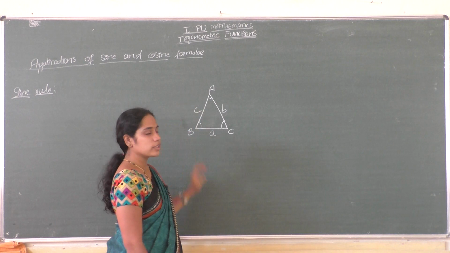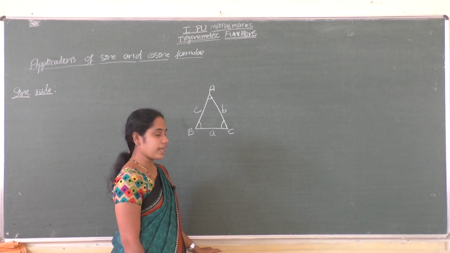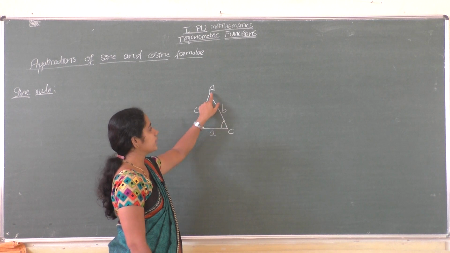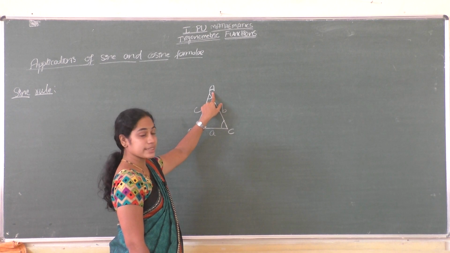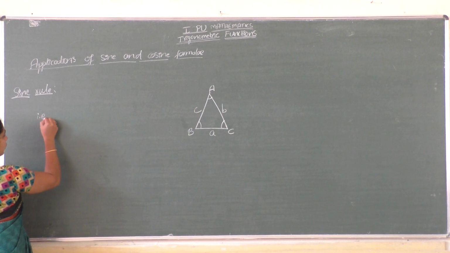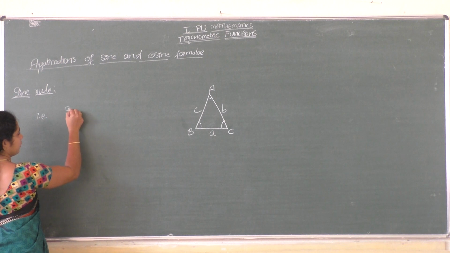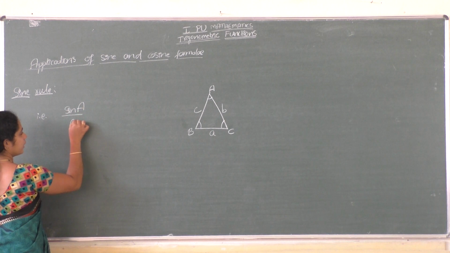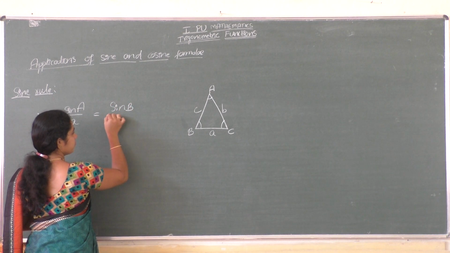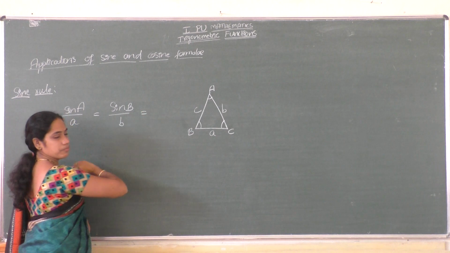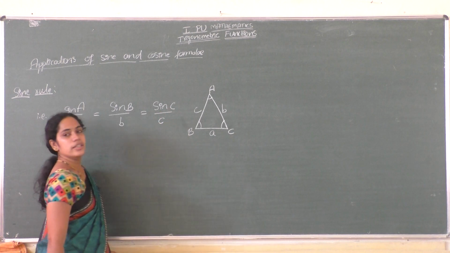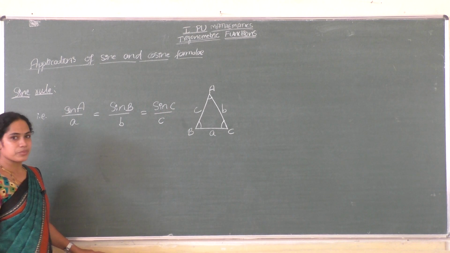Now sine rule says that in any triangle, sides of a triangle are proportional to the sine of angles. That is, the rule states that sine A divided by a is equal to sine B divided by b is equal to sine C divided by c.